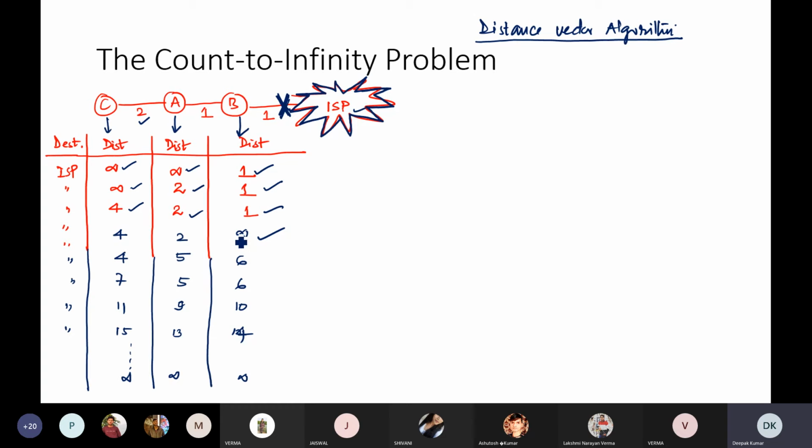Now after that it will share its information that now I have no information to reach ISP. But the other one will say, no problem, I will get you there, I have some path and I will reach ISP and you can go through this path. This one has nothing below it, it will remain the same, the old value.